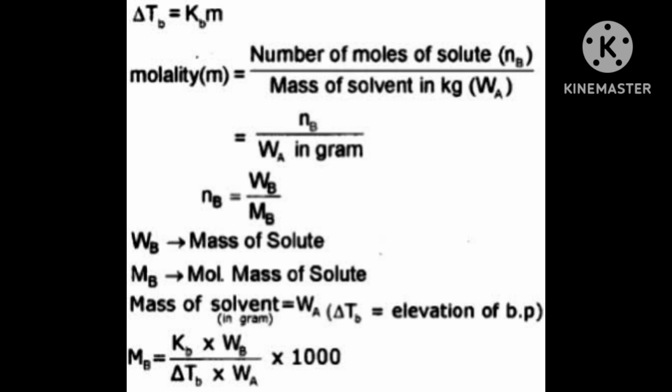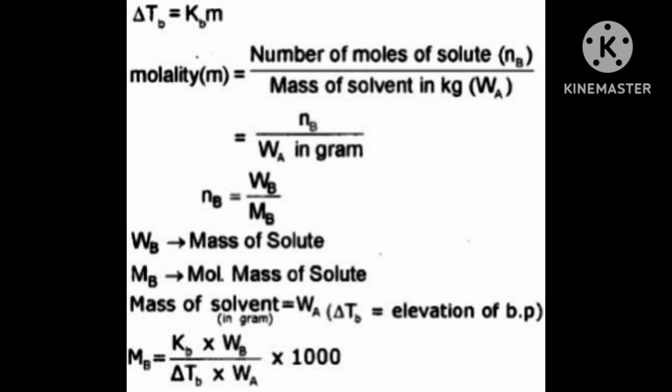In that way also you can write the lowering of vapor pressure, because in up and down both, P1 naught is there. Hence if you want to separate it, you can: P1 naught divided by P1 naught minus P1 divided by P1 naught.